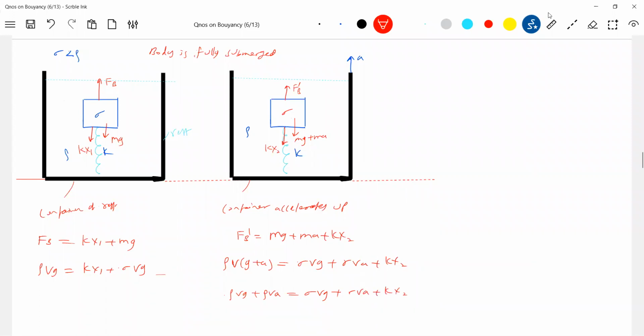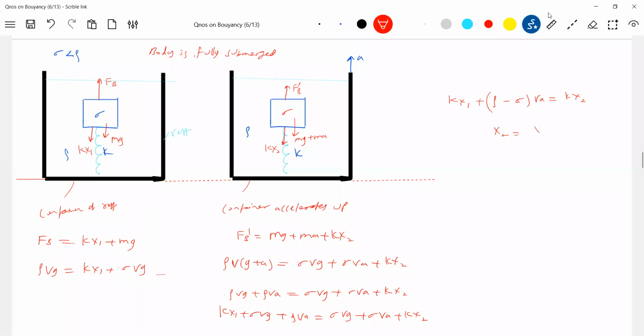Okay, fine. And now rho Vg, so you can write it as kx1. So sigma Vg will get cancelled, and we'll end up with the equation kx1 plus rho V, okay, this one, (rho minus sigma) Va equal to kx2.